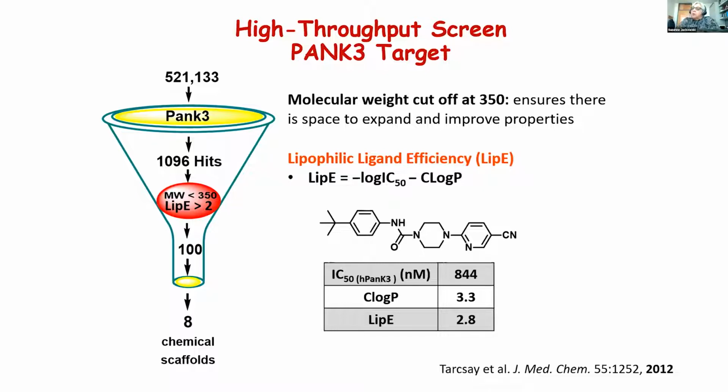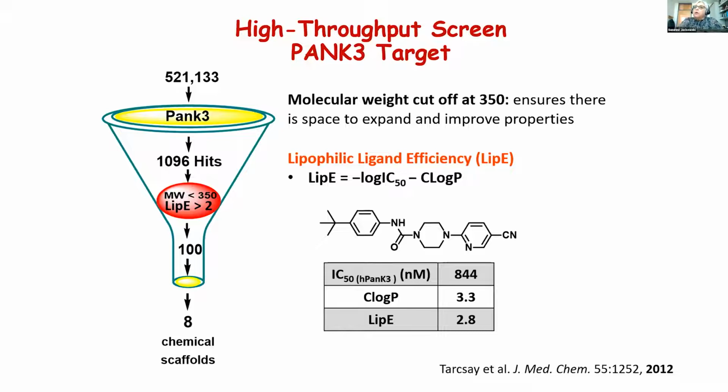Now, these 1,000 compounds were chosen. They had mid-range potency. They weren't the best hits in the screen, but they were mid-range because we wanted something that we could improve to work with. We computationally screened these compounds using two parameters.